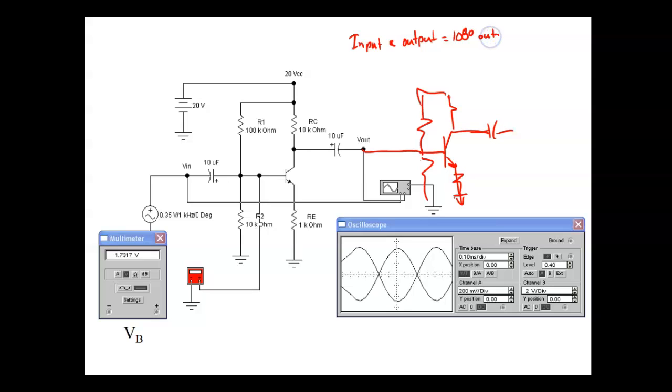Y'all understand that? We can get a voltage gain out of this.